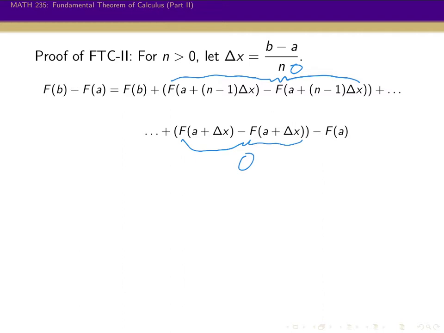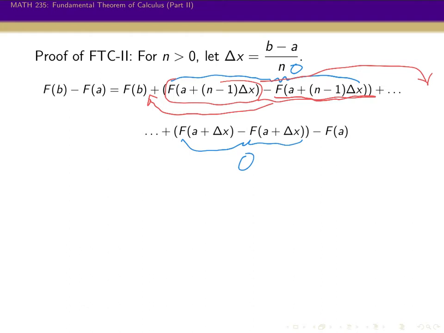This is what we have in between. Now that we have this, we are going to rearrange it a little bit. And so I'm going to take this minus f of a plus n minus 1 delta x, and I'm going to group it together with f of b. And then I'm going to take this other one and group it together with the part that's getting subtracted from the next one.